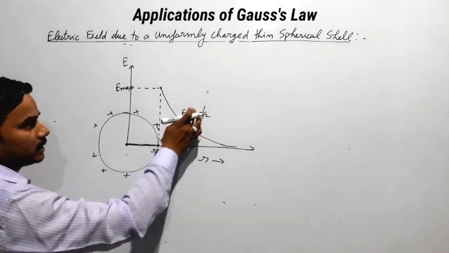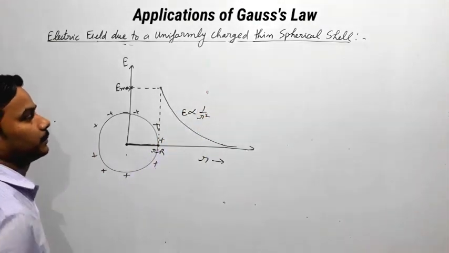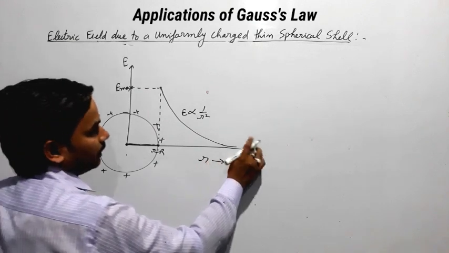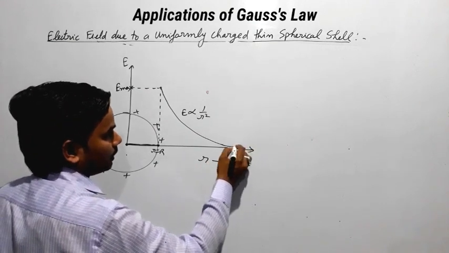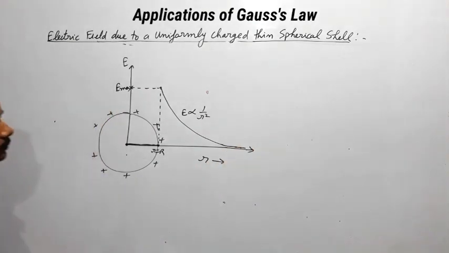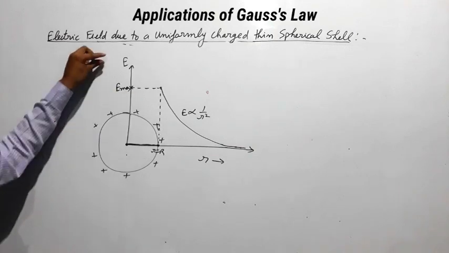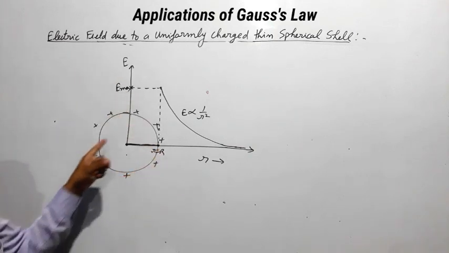So electric field is inversely proportional to the square of the distance. Okay, so this will be at this side. This is the graph for the electric field and distance for the spherical shell.